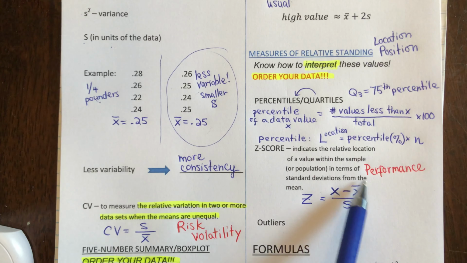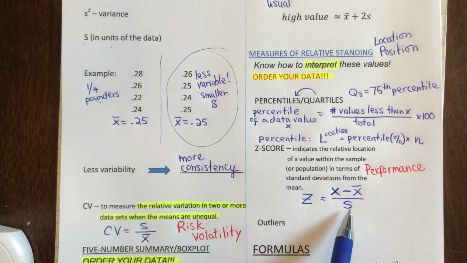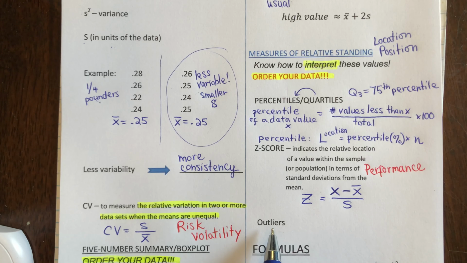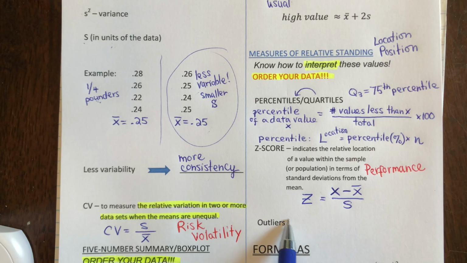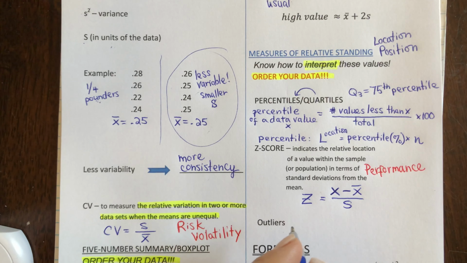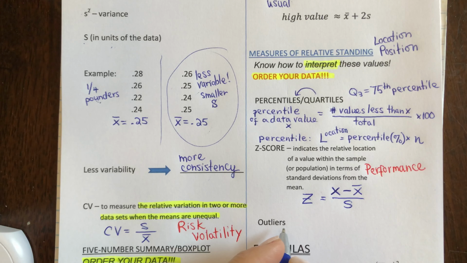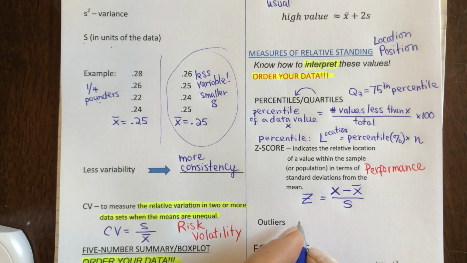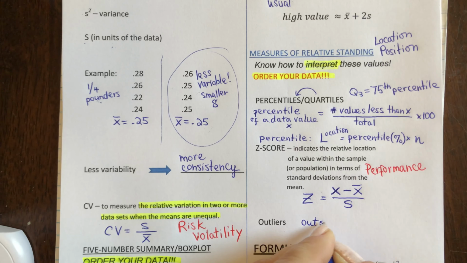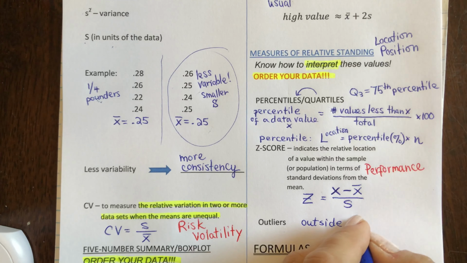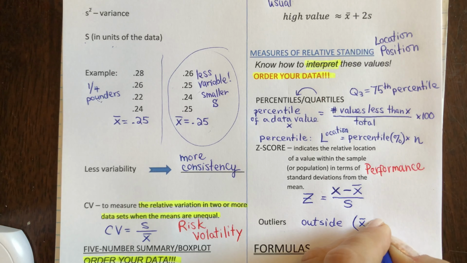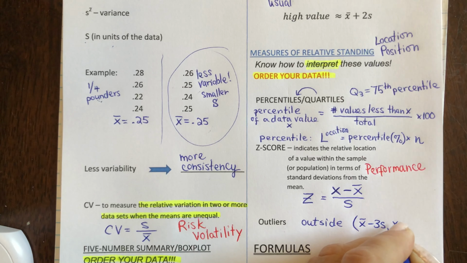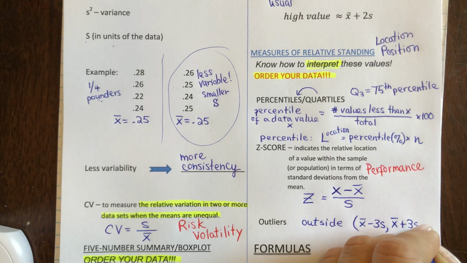The z-score also helps you with our definition of outliers. Okay, so we're going to talk about an outlier being anything that is more than 3 standard deviations from the mean. In other words, outside of this interval, which is x bar minus 3 standard deviations and x bar plus 3 standard deviations.